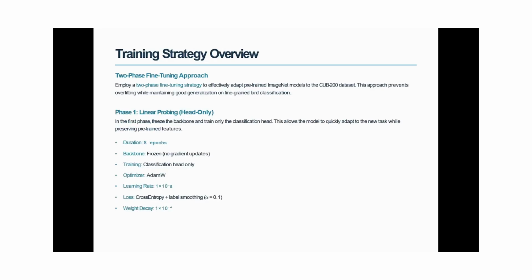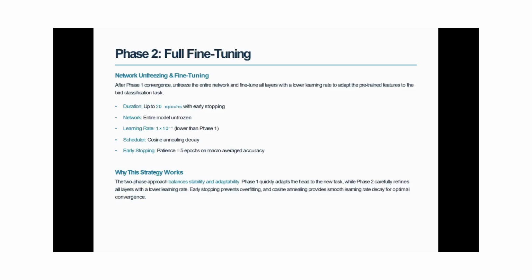Next is the training strategy. I use two phases. In phase 1, I freeze the backbone and train only the new head for 8 epochs using AdamW with a learning rate of 1e-3, cross entropy loss with label smoothing, and weight decay.